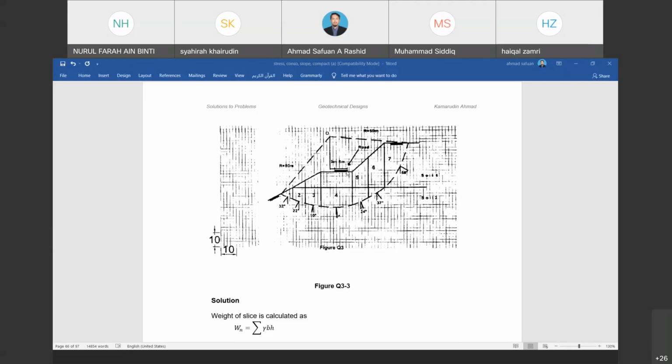Nampak tak road ni? Apa perlu awak buat? Awak kena dapatkan a typical road strength, road unit weight, dan berapa thickness dia. Awak pun dah belajar highway ke tak? Ada tak belajar highway?